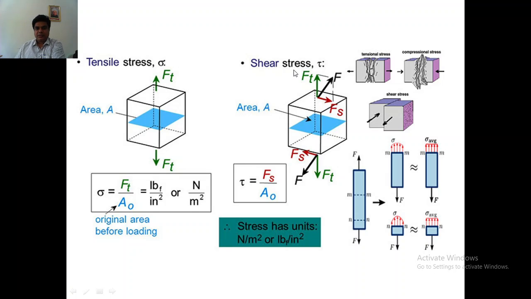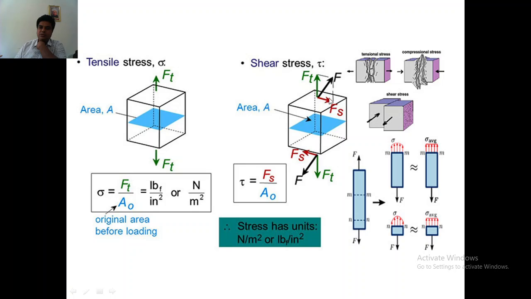The stress when you apply the shear load is called shear stress. When you apply tensile force, that stress is called tensile stress. It is sigma. For shear stress, I am using the symbol tau here. Just look at the diagram, you can understand. You should understand the difference between tensile load and shear load. For tensile load, I have a tensile stress sigma.